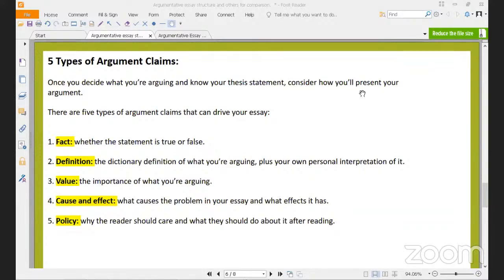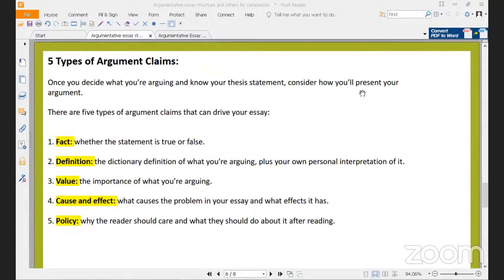Okay, Rodrigo, can you help me with reading the 5 argument claims? Once you decide what you are arguing and know your thesis statement, consider how you will present your argument.